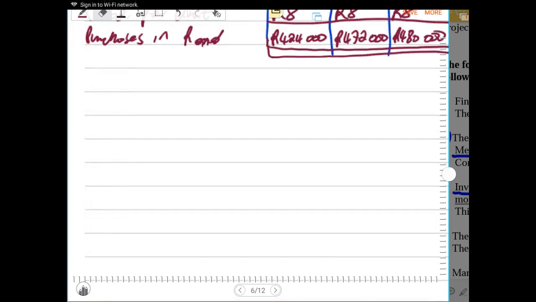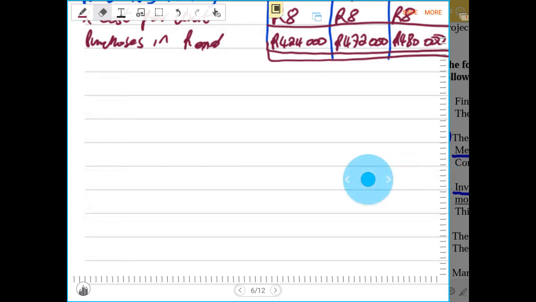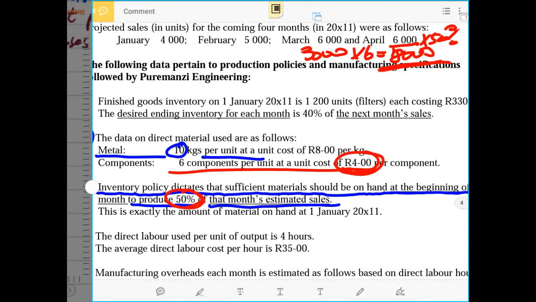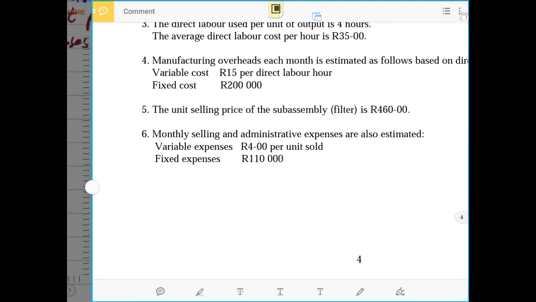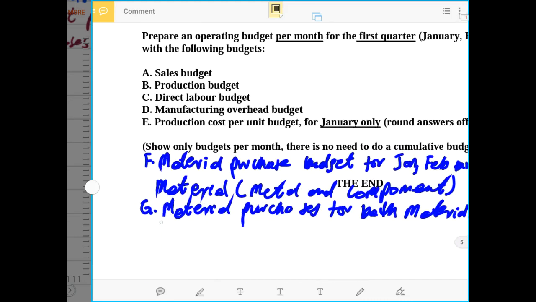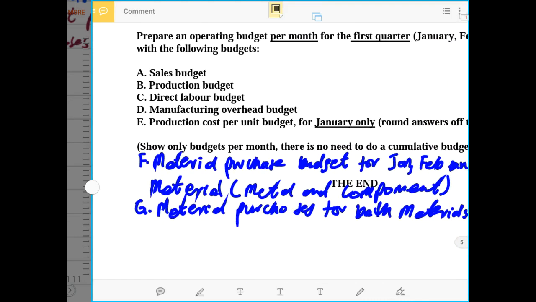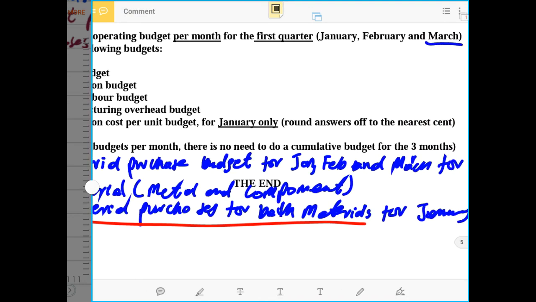So now I am doing the last part, in which I mentioned that I will be doing the material purchases only for 1 month, which is the month of January. This is part G, where I'm doing the material purchases budget for both materials only for January.